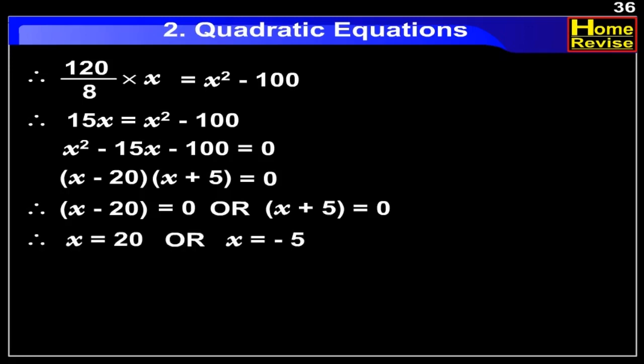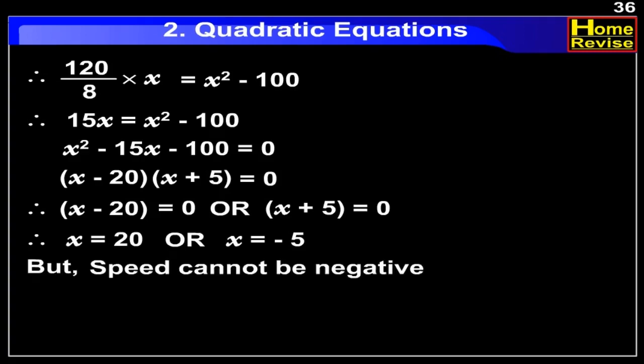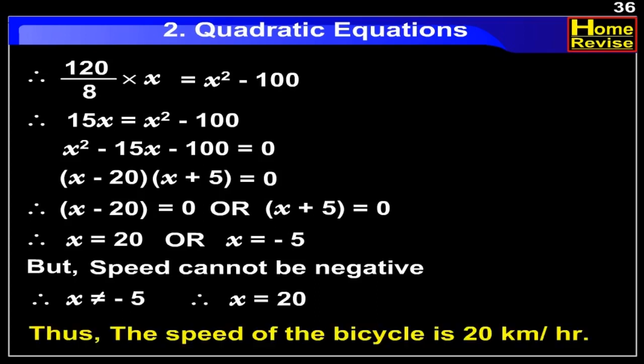Therefore, x is equal to 20 or x is equal to minus 5. But we know that speed cannot be negative. Therefore, x is not equal to minus 5. Therefore, x is equal to 20. Thus, the speed of the bicycle is 20 km per hour.